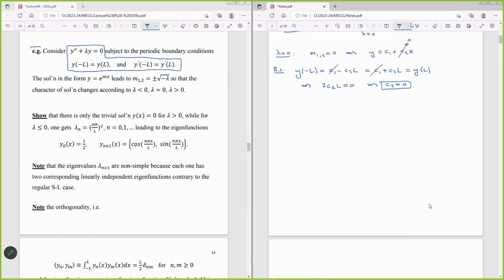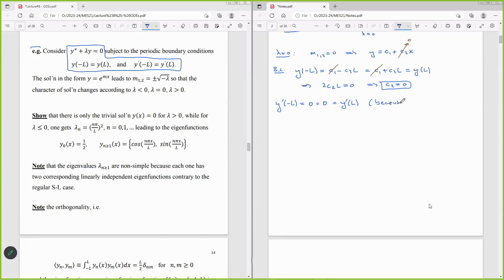What about the second BC? The second BC is y prime at minus L equal to y prime at L, right? Now y prime at minus L, you see only C1 left, so it is actually 0, and 0 for y prime at L. Where is this 0 coming from? Because I took the derivative of C1.